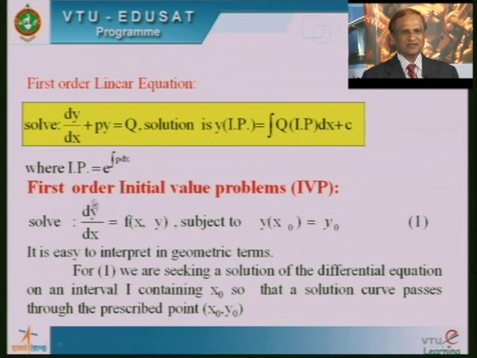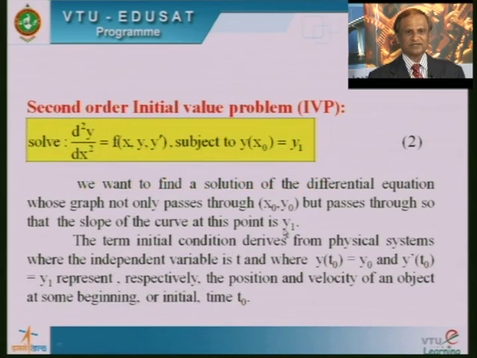So, the solution curve passes through this point, namely x naught and y naught. That is the meaning of the first order initial value problem.